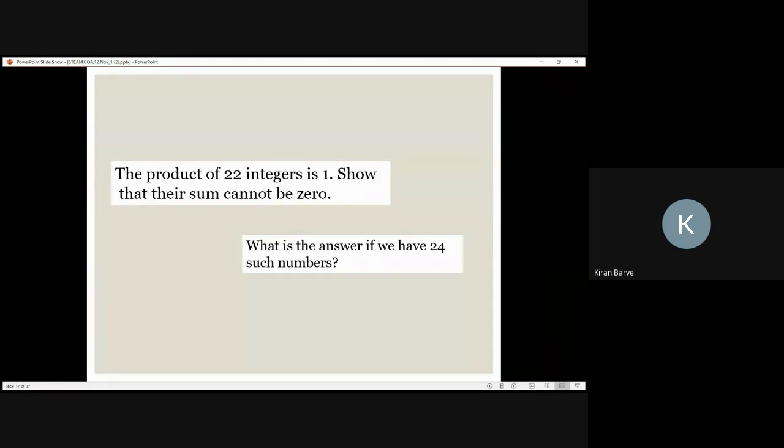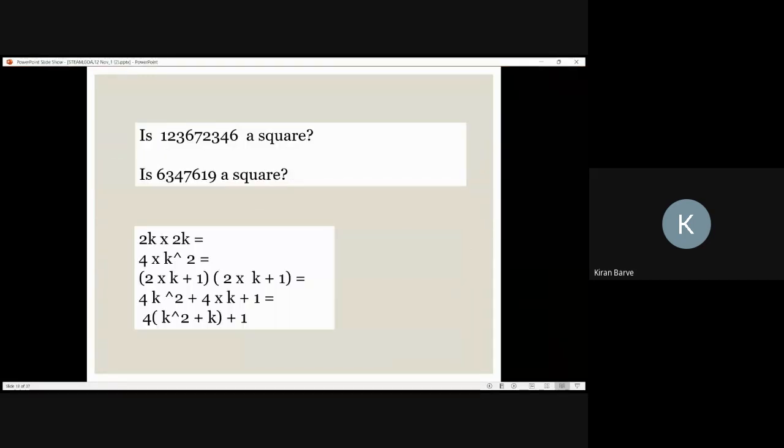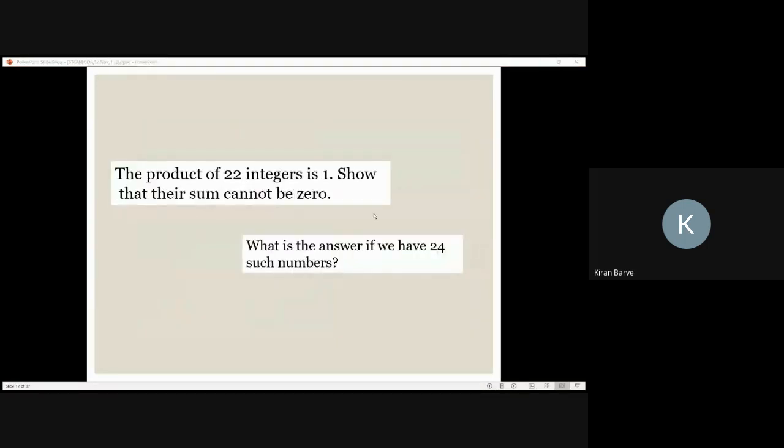Now independently, when will the sum of minus ones and ones be 0? Previous slide. So when will the sum of numbers 1 and minus 1 be 0? Can the number of ones be greater than the number of minus ones?